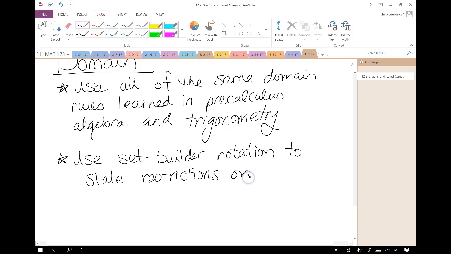So we're going to use set builder notation to state restrictions on the domain. And the basic setup for our set builder notation is we start with a brace.